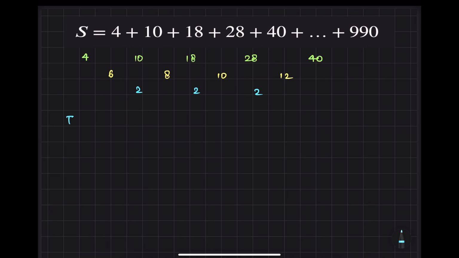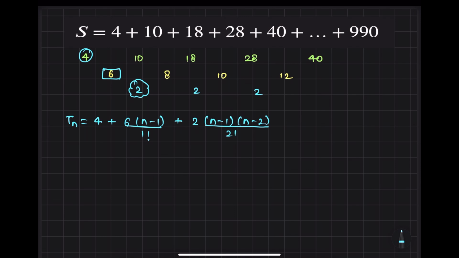So look at this. Can I write the first term 4, plus the second term 6 into (n minus 1) by 1 factorial? Hope you remember. Then we have 2 into (n minus 1)(n minus 2). We wrote two components, so 2 factorial. This thing gone.